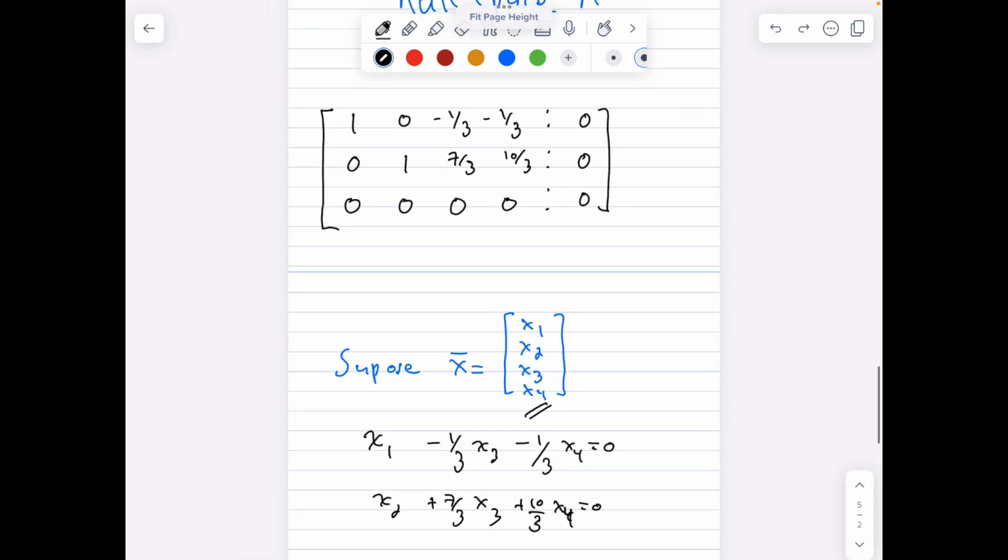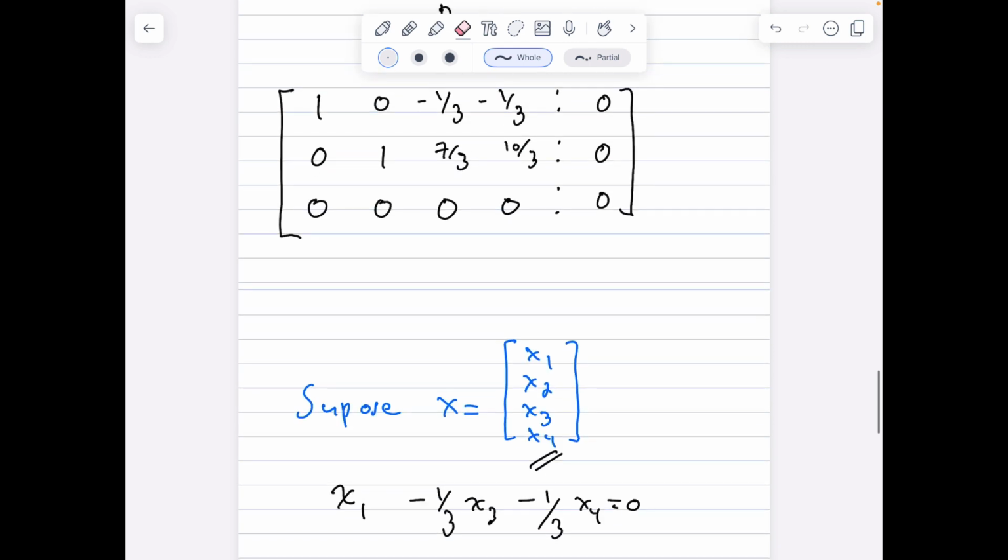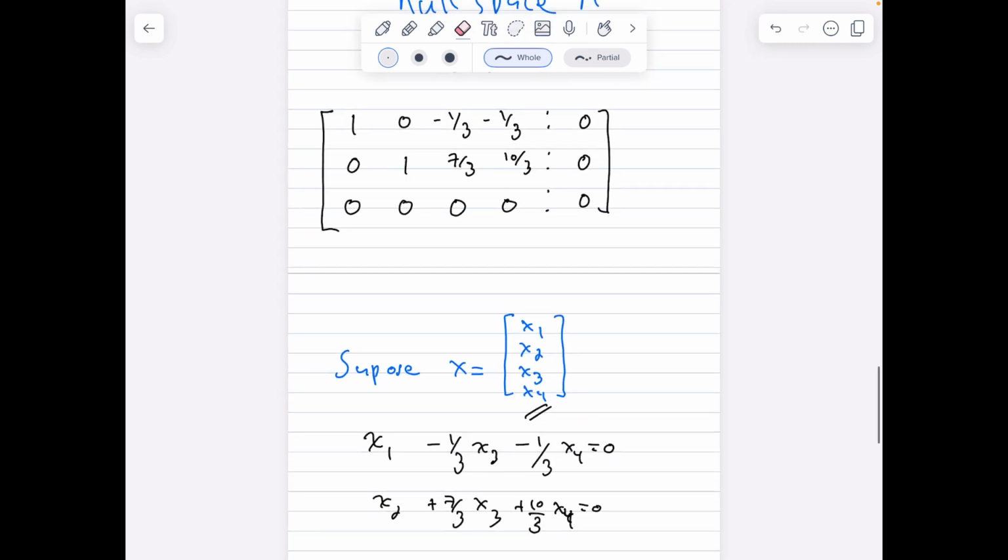I'm going to suppose x here is equal to x1, x2, x3, x4, as a column. You have some variables that you're solving for. Call them whatever you want. And what I did here was I took each of the rows in B, in the augmented matrix with B and the zeros as the answers, and rewrote each of those lines.